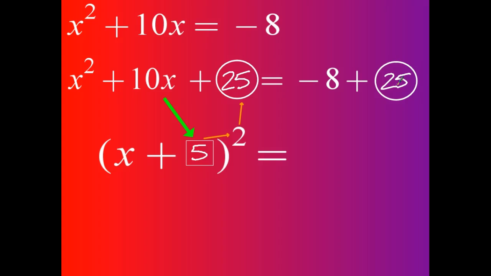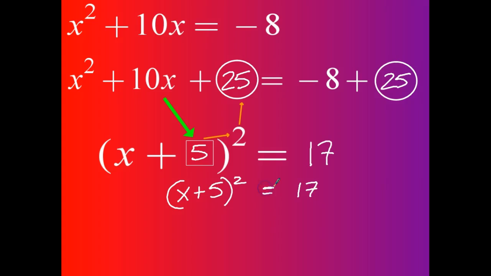So the left side becomes x plus 5 squared, and the right side becomes 17, because 25 and negative 8 makes 17. Now I have x plus 5 squared is equal to 17.